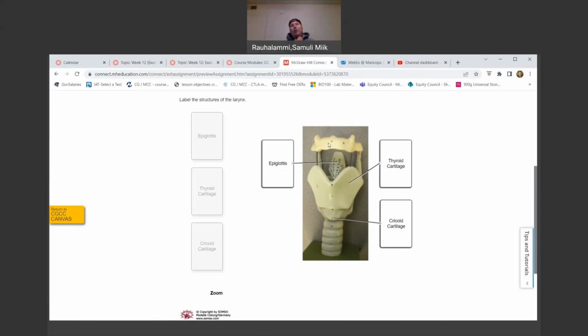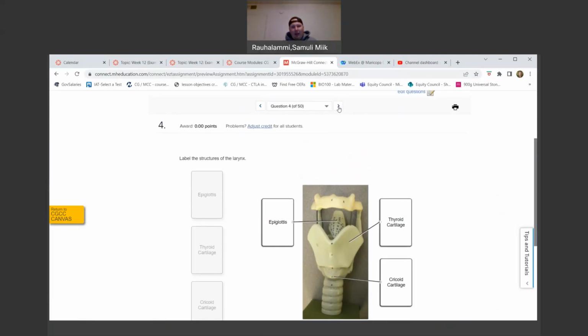Hyoid bone, thyroid cartilage, and cricoid cartilage, you can even feel on your own surface anatomy at the neck. The hyoid bone was kind of an important one, not definitely, but sometimes if someone gets strangled, that might get broken, so that might be something that we look at in a forensic use, but it's not definitely black and white in terms of that.